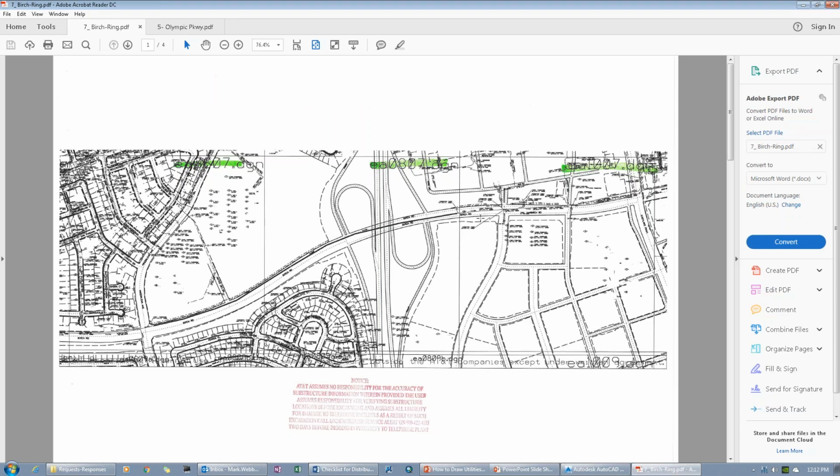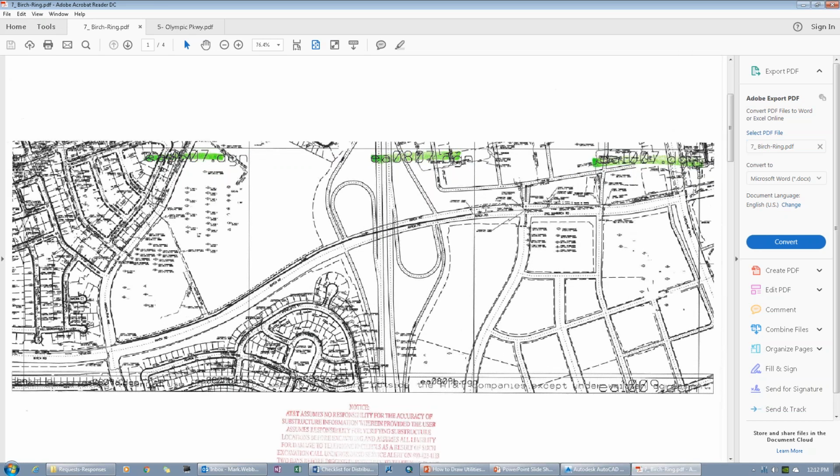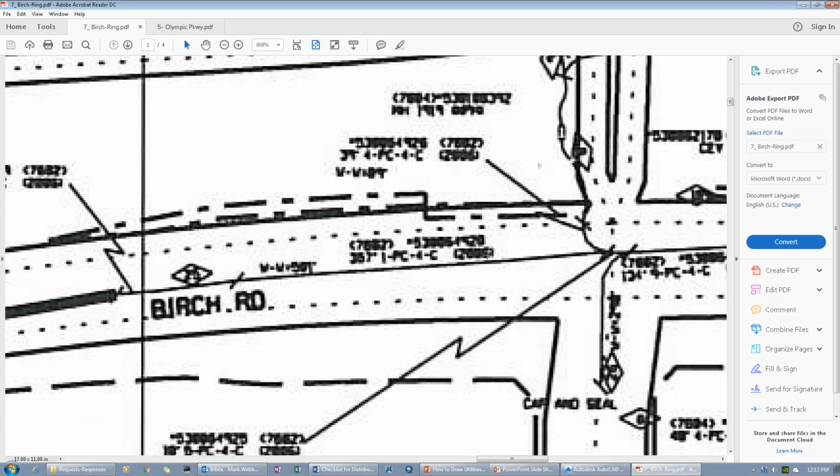And if we were to zoom in on just this portion right here, if we could read it, you would be able to see that there's different kinds of lines, and also that they have information about how deep it's buried, what type of duct bank it is, how many ducts are actually in the bank.